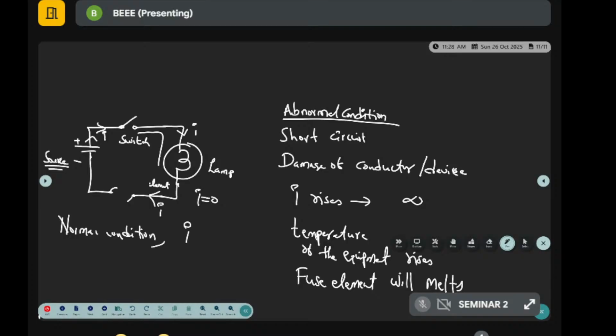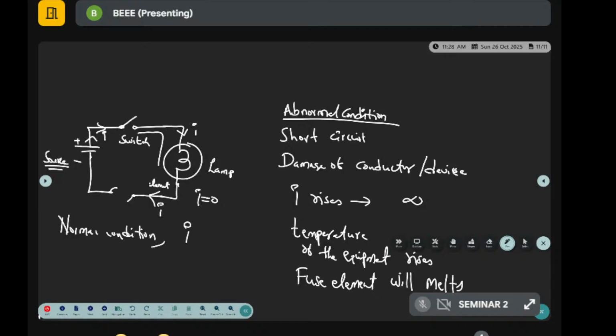The principle of fuse is nothing but the heating effect because of the current. The fuse element is a wire, not copper but a different wire.